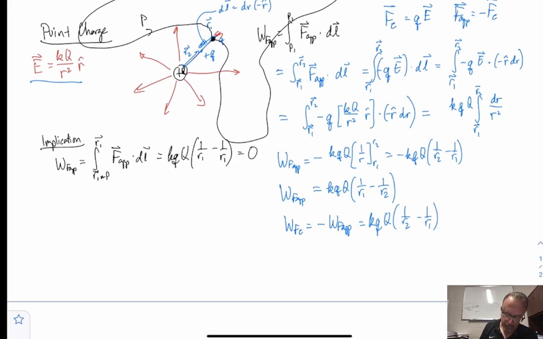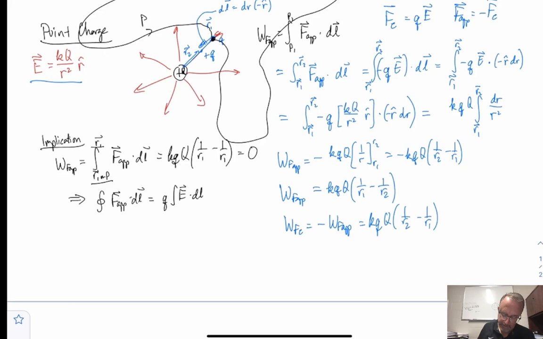And so, by the way, if these integration limits are the same, then you could write this as the closed path integral of F applied dot dl. But let's make it even more explicit. Q E dot dl. Okay?